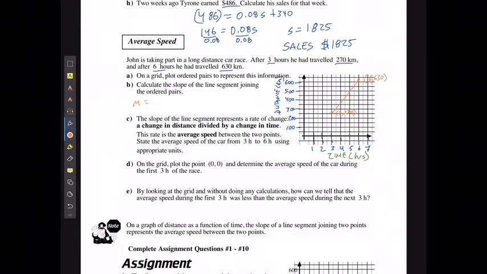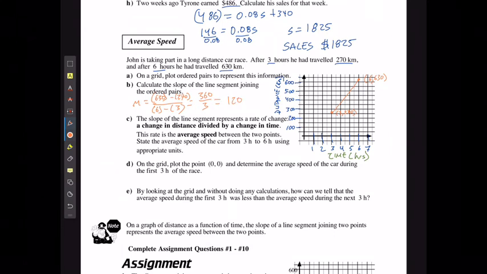Well, my slope is going to be represented by 630 over 6 minus 270 over 3. And that's going to give me 360 over 3, or 120.